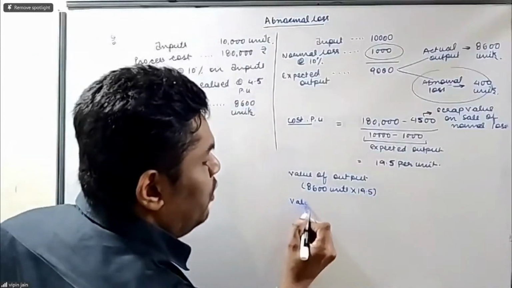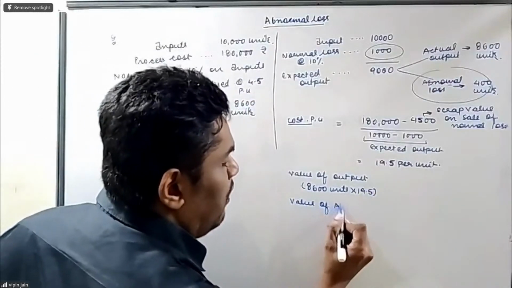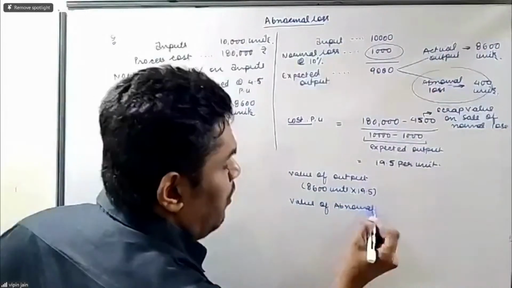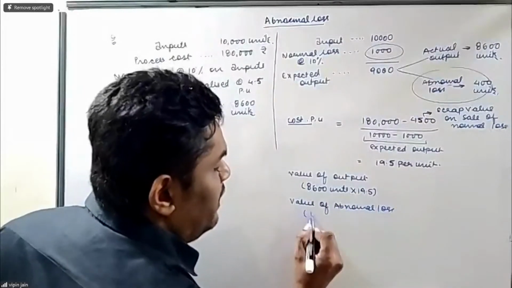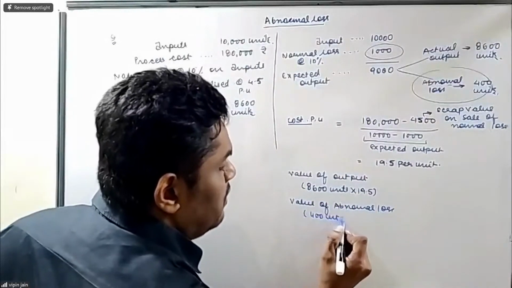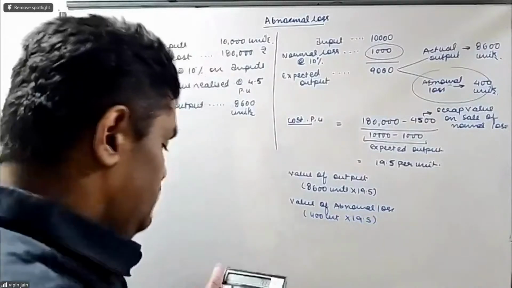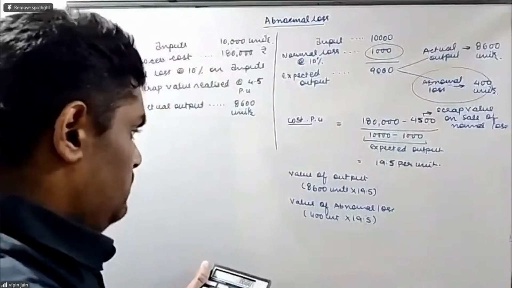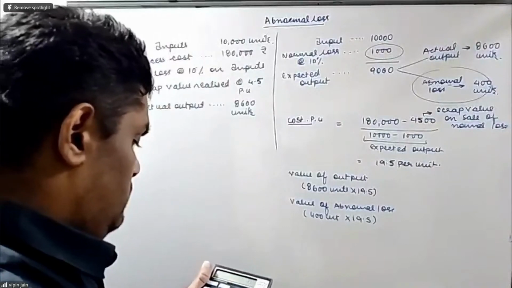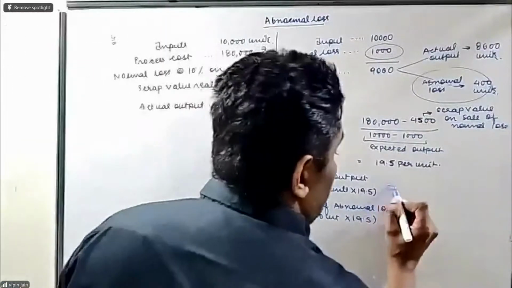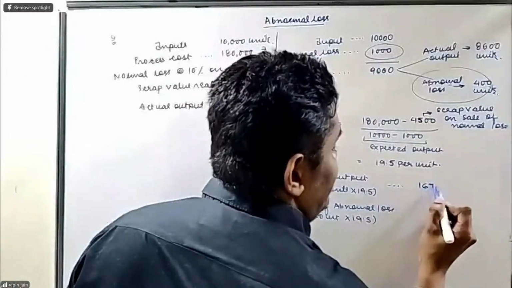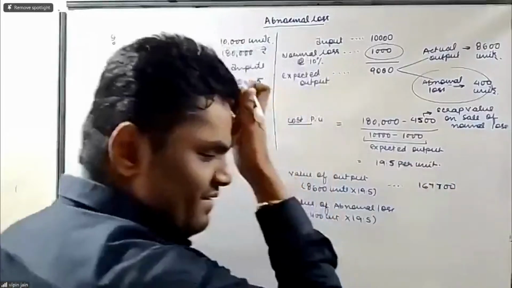And value of abnormal loss, 400 units is the abnormal loss into 19.5. 167,700.